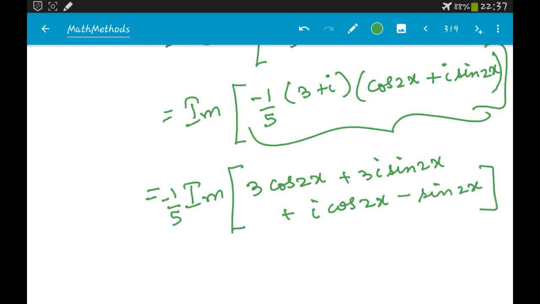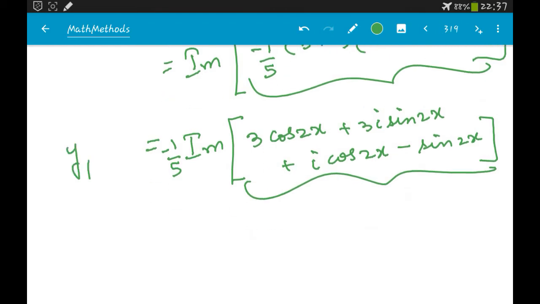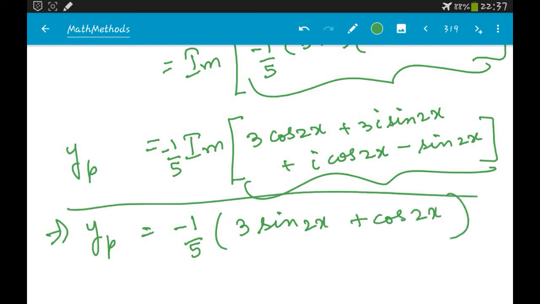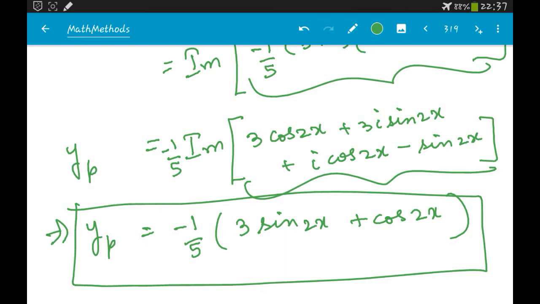So the imaginary part of this equation is going to be 3 sine 2x plus cos 2x, right? So yp is going to be minus 1 by 5 into 3 sine 2x plus cos 2x. Okay, so this is going to be your yp.